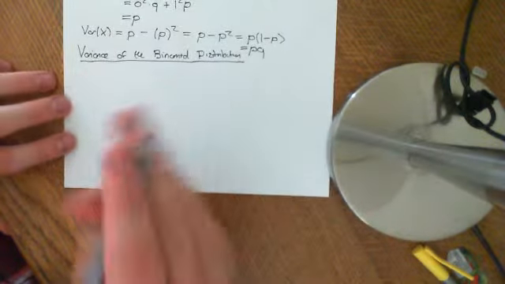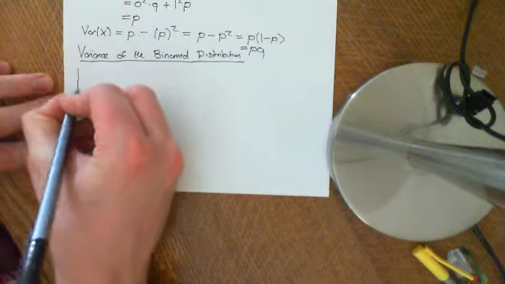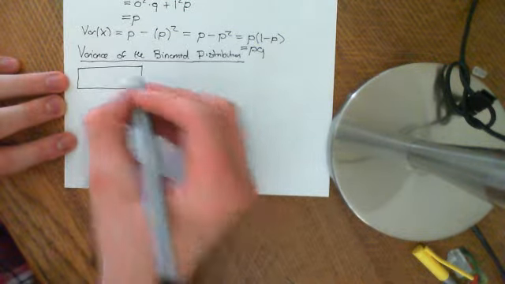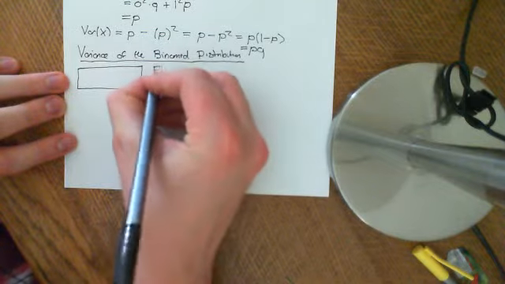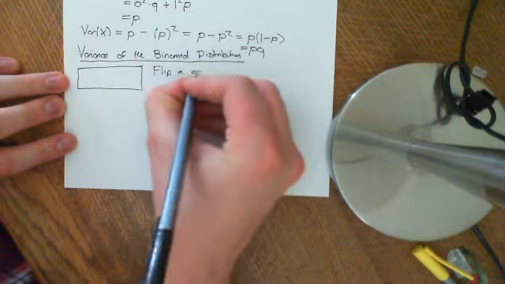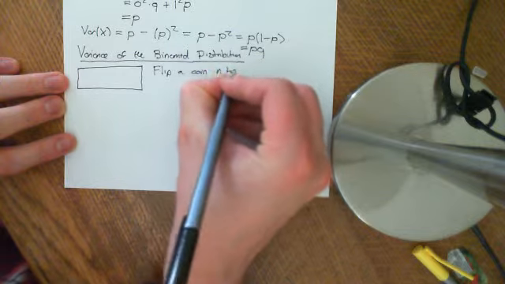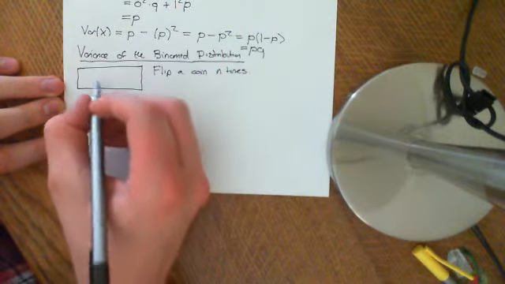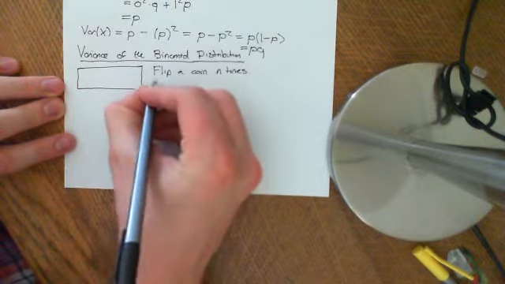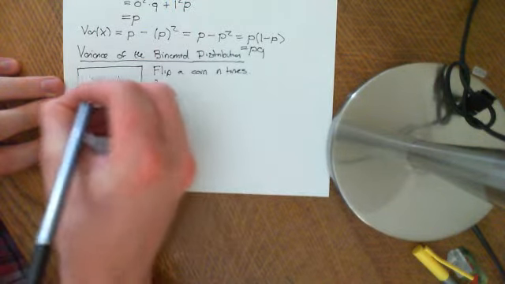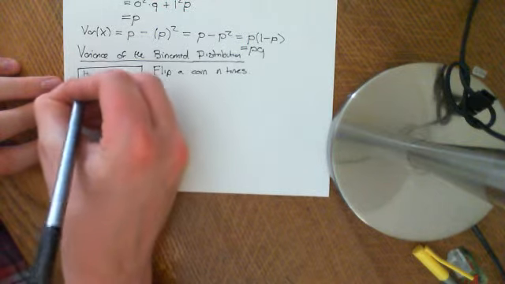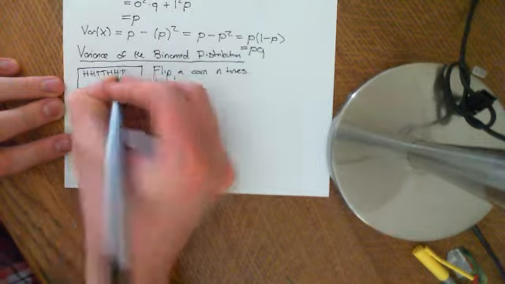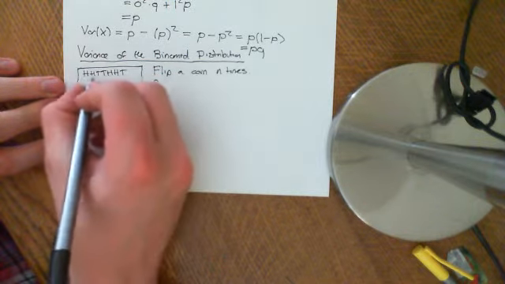Okay, so if we take as our abstract probability space something like flipping a coin n times, and we put every possible outcome of that experiment into this abstract probability space, so for instance we would have heads, heads, tails, tails, heads, heads, and let's say n was equal to 7, i.e. you'd flip it 7 times, and this is what you got.